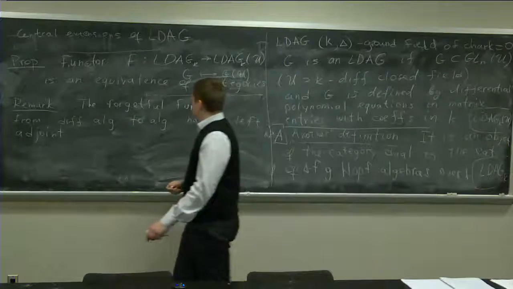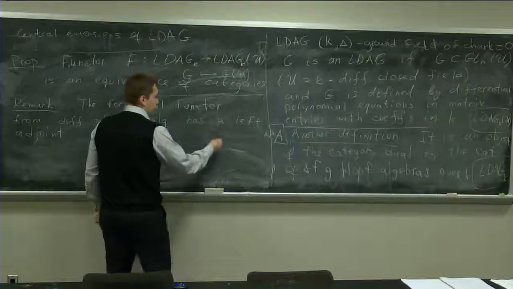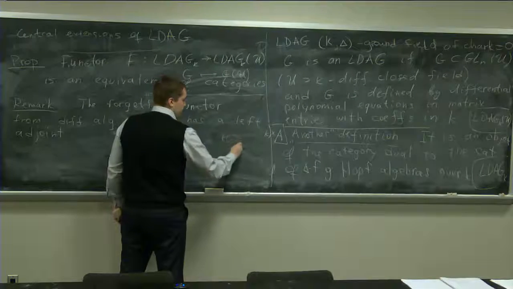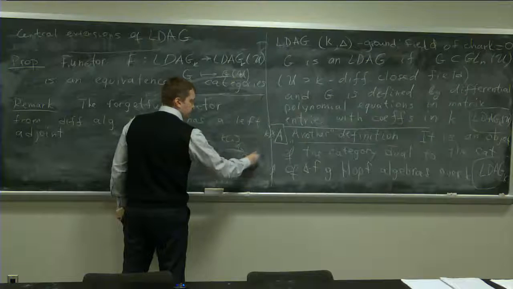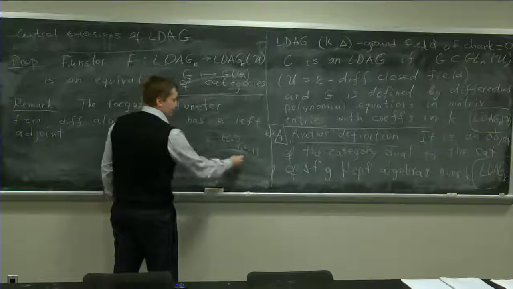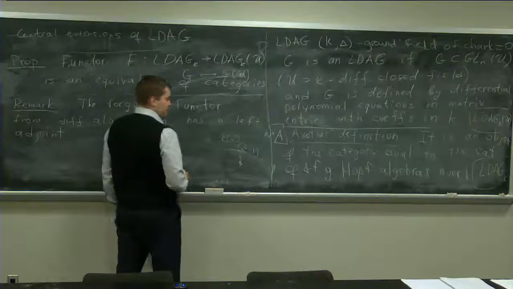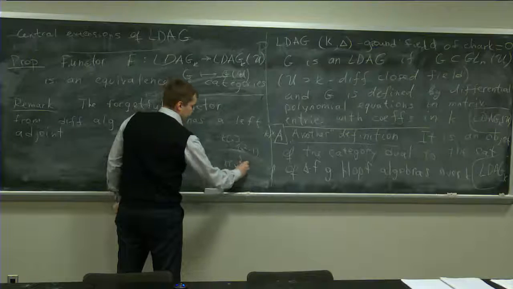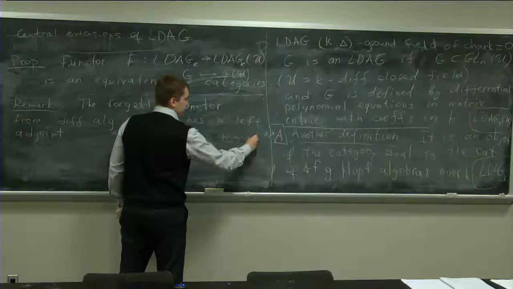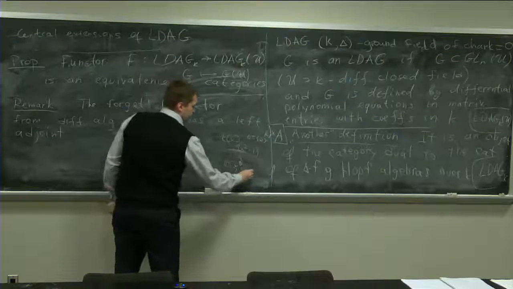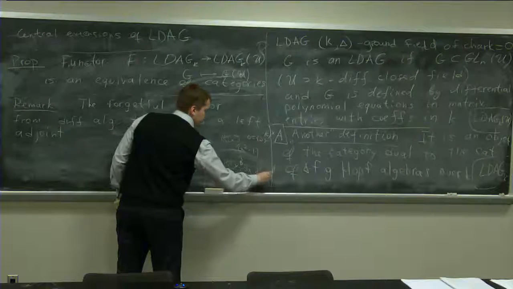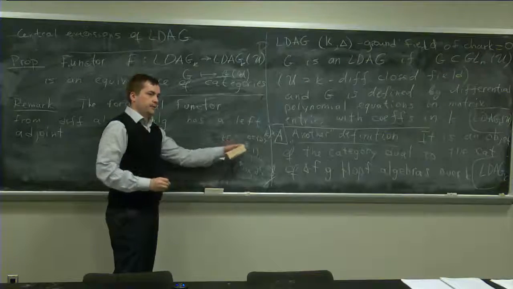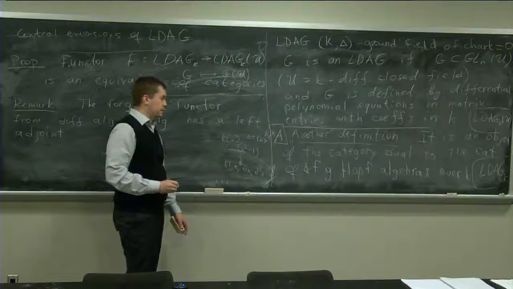For example, take k[x]/(x squared minus 1). This is an algebra, and we can produce a differential algebra. The k is differential here, and we just add, supposing that delta is just one derivation, delta x, delta squared x, etc., and then mod out by the differential ideal generated by derivatives of this polynomial.